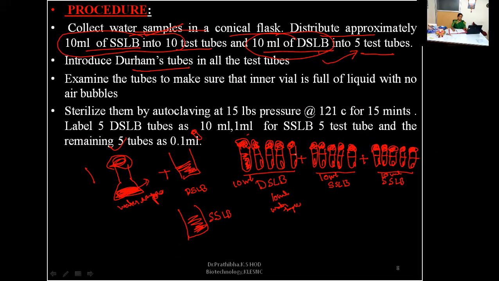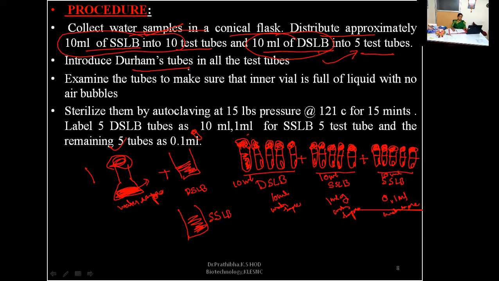For the second set of 10 ml SSLB, you need to label this as 1 ml of water sample. And all these test tubes you need to label as 0.1 ml of water sample. So you must write 10 ml of water sample, 1 ml of water sample, and 0.1 ml of water sample over there.